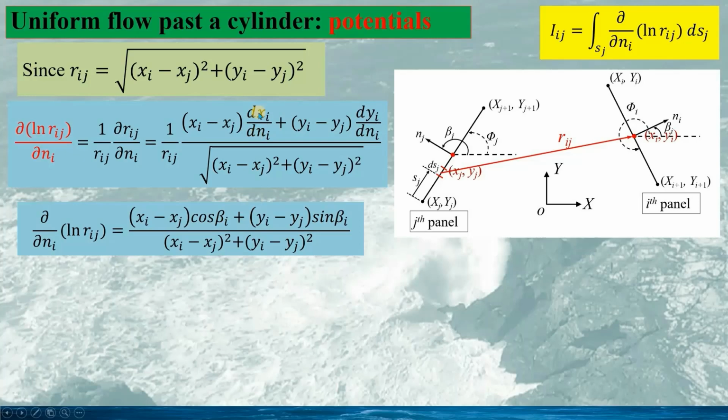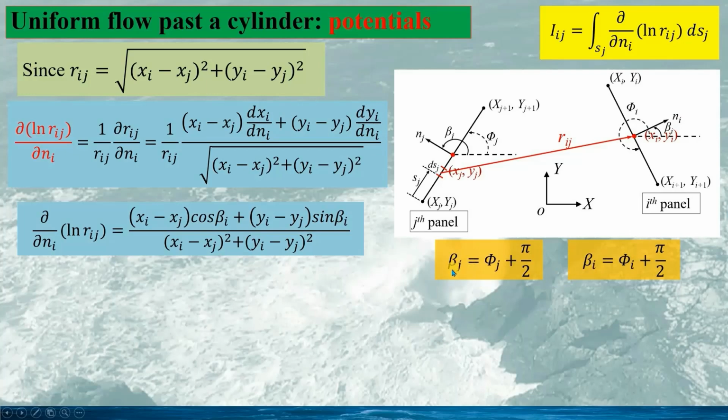Here we replace the differentiation dxi over dni by cosine beta I and dyi over dni by sine beta I. Beta I is the angle between the free stream direction and the normal direction ni. Same for beta j.